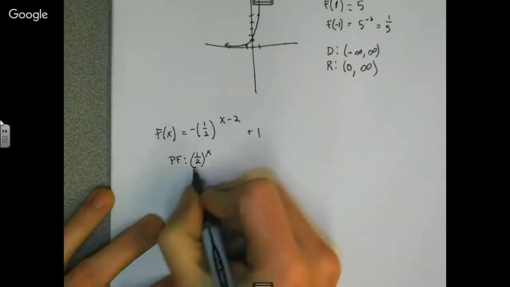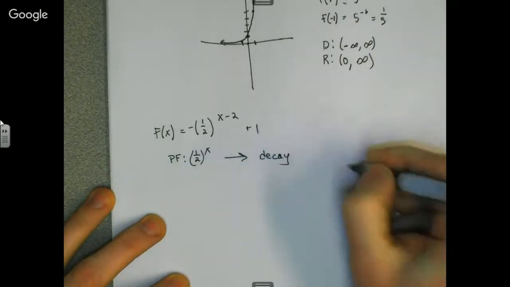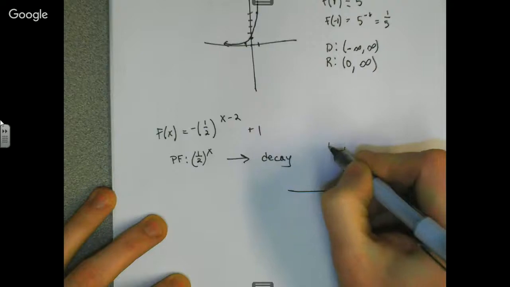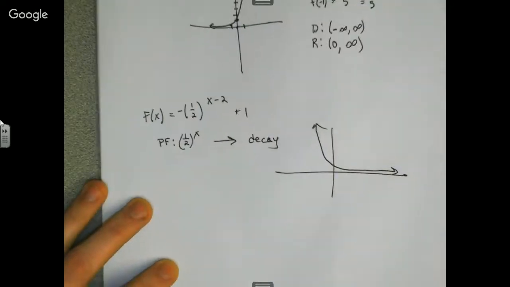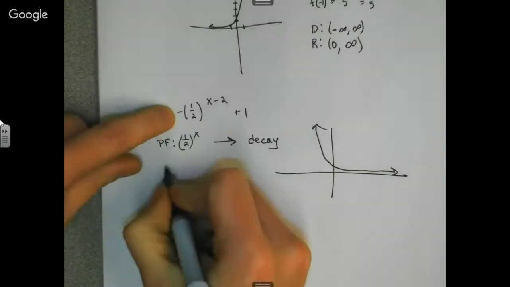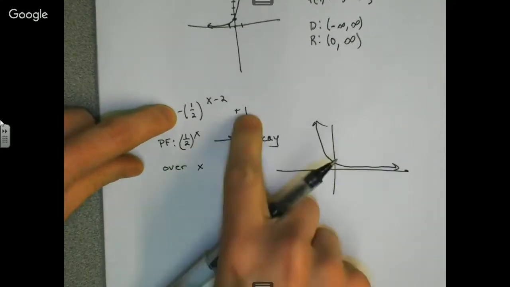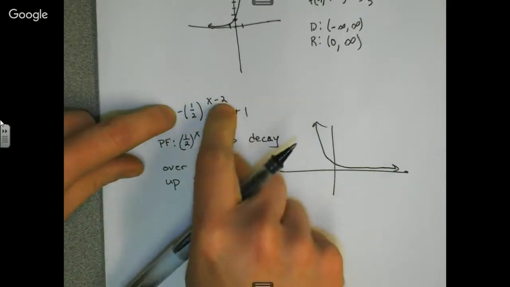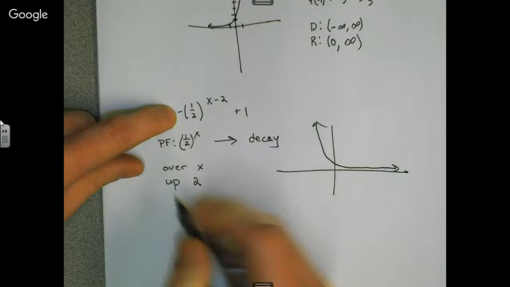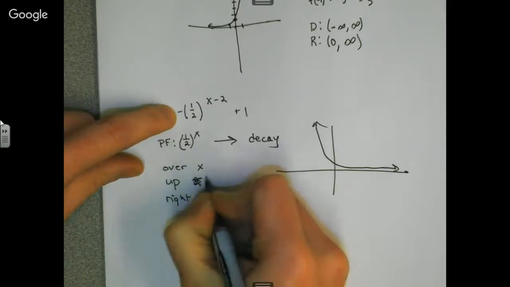And because this is a fraction, it's actually decay. So it's actually going this way. So we'll look at the other numbers here to see what happens. The negative out front flips it over the x-axis. The minus 2 here, remember it's the opposite, it says right 2. And the plus 1 at the end says up 1.